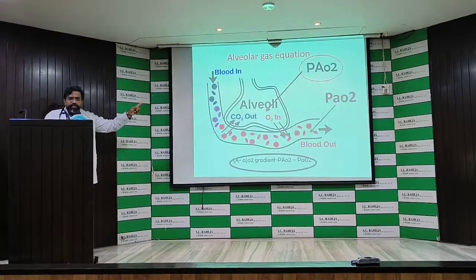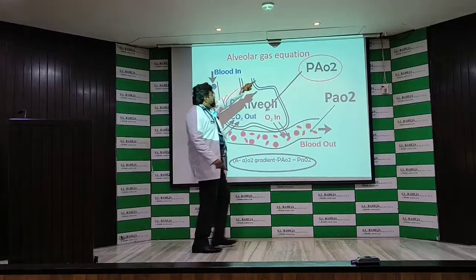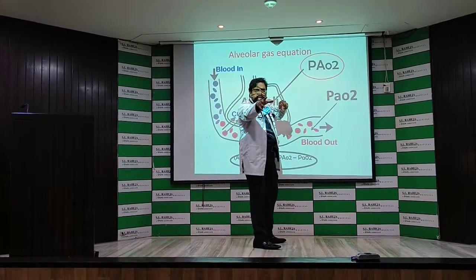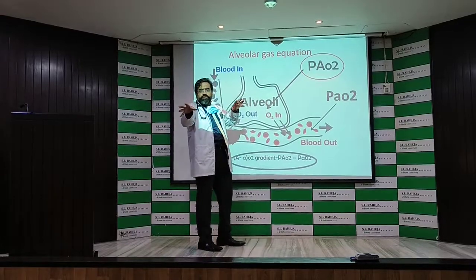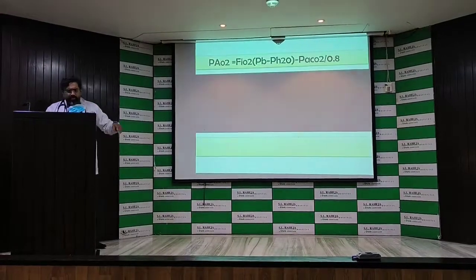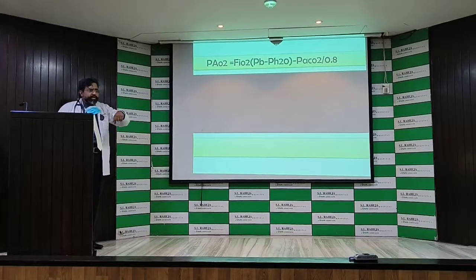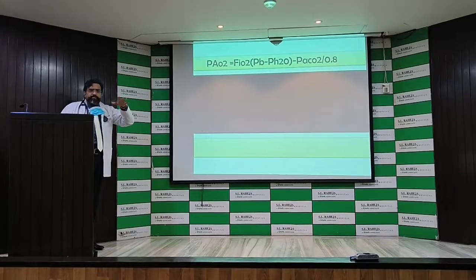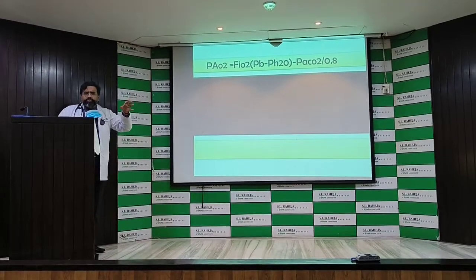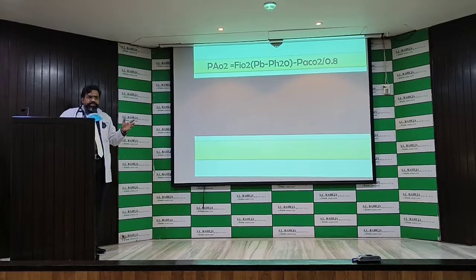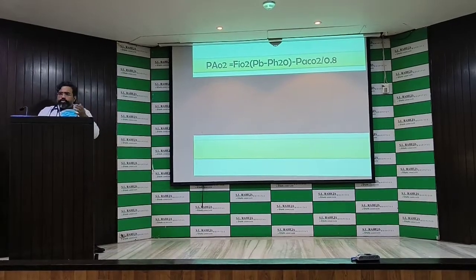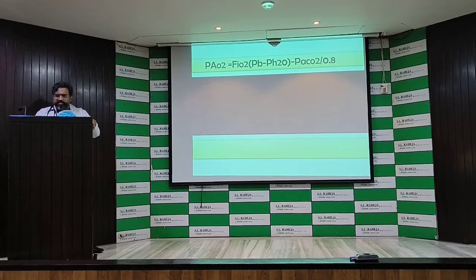If you want to calculate the PAO2, that is how much gas is there in your alveolus presently, you have to multiply the FiO2, that is 21% here, by Pb, the barometric pressure, that is 760 millimeters of mercury, minus PH2O, that is 47, the water vapor pressure, minus PaCO2 divided by 0.8.